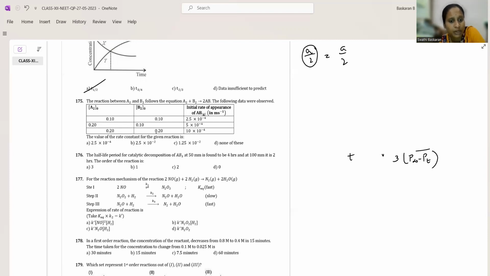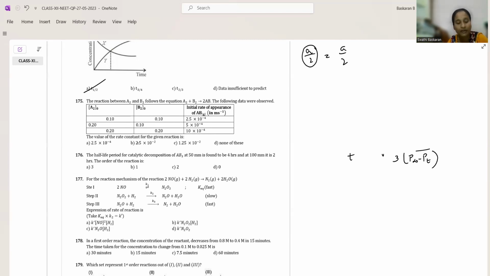So before determining the value of the rate constant, we are also supposed to determine something called the order of the reaction, isn't it? Without determining the order of the reaction, we will not be able to determine the rate constant, correct?